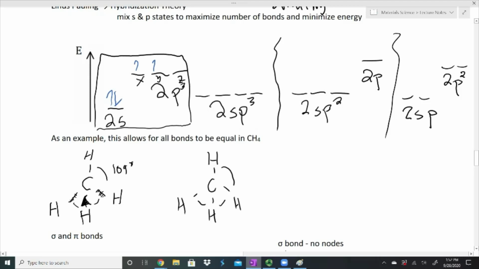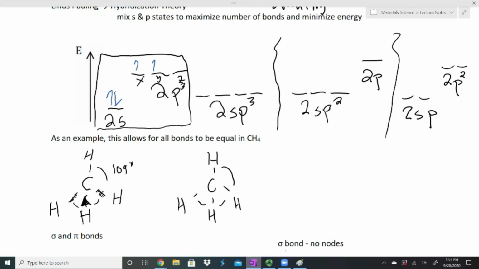Well, in this case, I only have room to bond 2 things, because to bond, I need 1 electron in any given orbital so that it can grab another electron and they can share, they can bond together. In this case, I could only have 2 bonds. It wouldn't be this molecule down here, methane, it wouldn't be CH4.